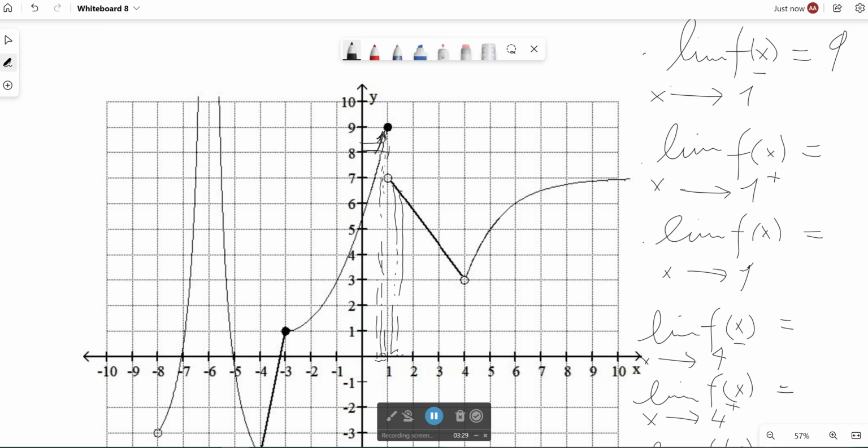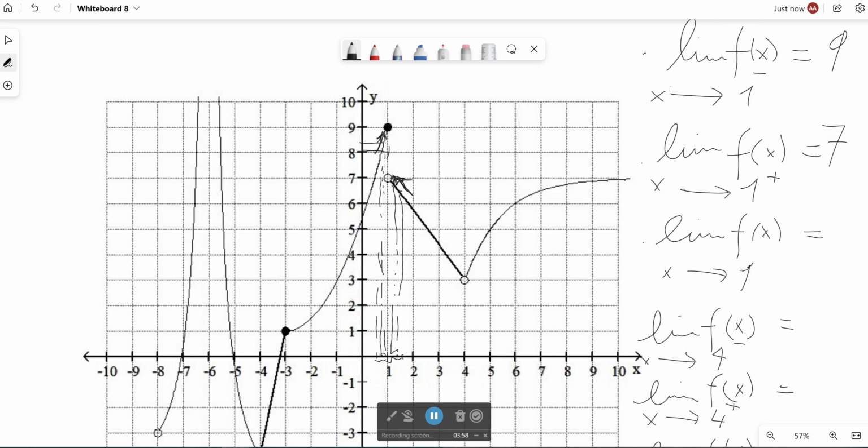So as x is decreasing towards the value 1, starting above 1 and approaching 1 from above, the outputs seem to be growing towards the value 7. So that tells us the right limit is equal to 7.